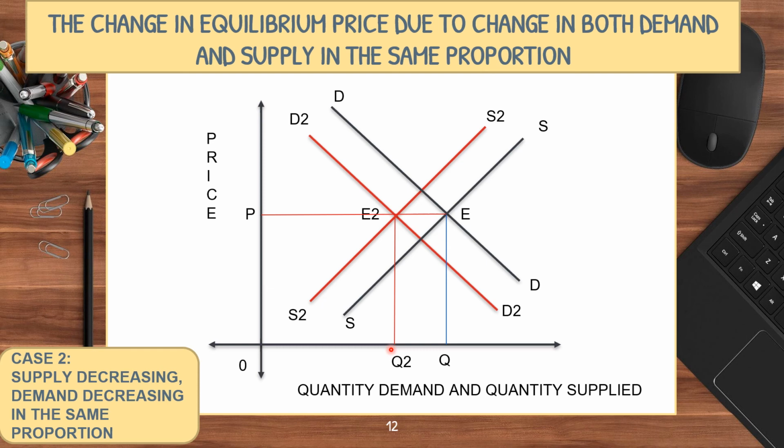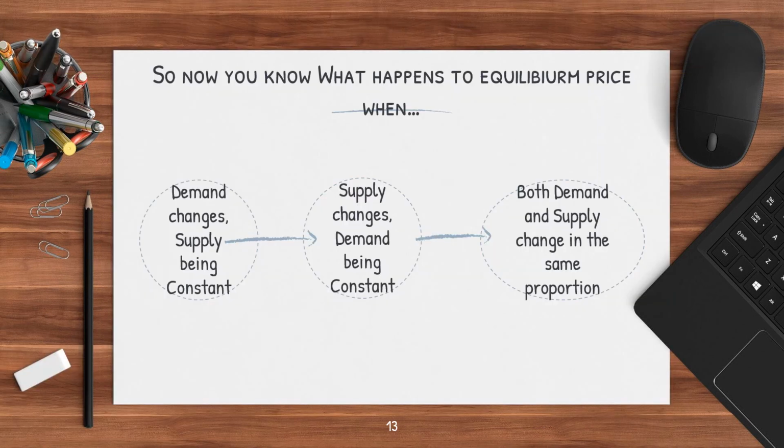So you see, when demand and supply decrease together in the same proportion, the equilibrium price remains unchanged. However, the equilibrium quantity demanded and supplied will fall. So now you know what happens to equilibrium price when demand changes, supply being constant, when supply changes, demand being constant, and when both demand and supply change in the same proportion.